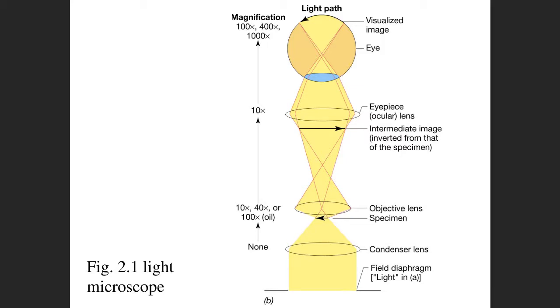And this is the light path, right? The light gets condensed and then comes through. This is the basic type of microscope and it determines the resolution, but it has its limit, the quality of the light.